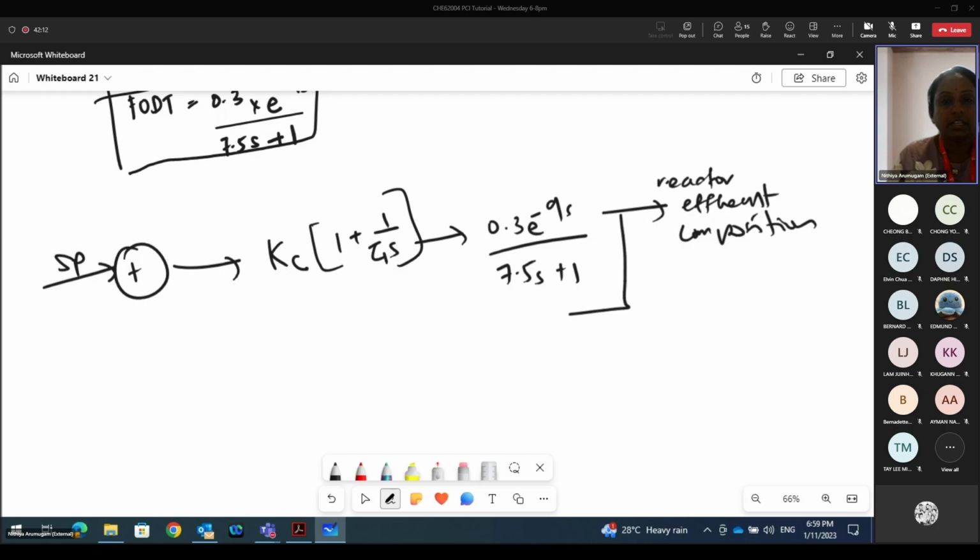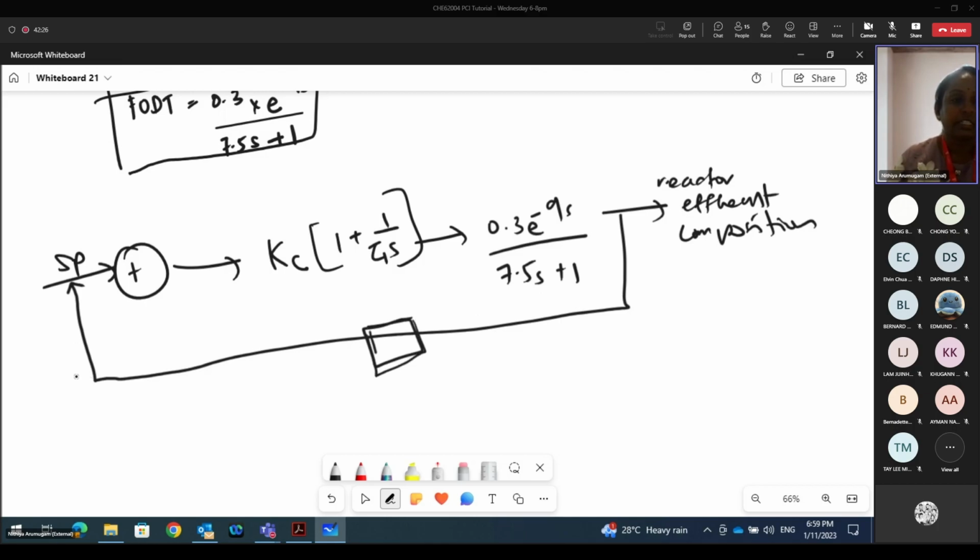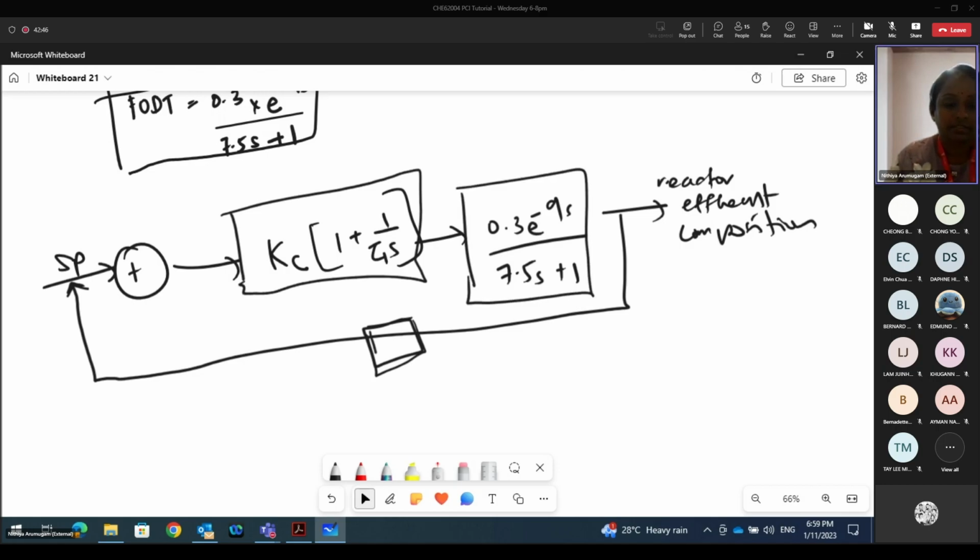And this is a recycling, closed loop diagram. Okay, so we'll be having a transmitter, or a measurement will be done, and then the changes will be made at the set point so that it will reach the targeted value. All right, so this will be the closed loop diagram. They mentioned the block diagram, so make sure you block everything.